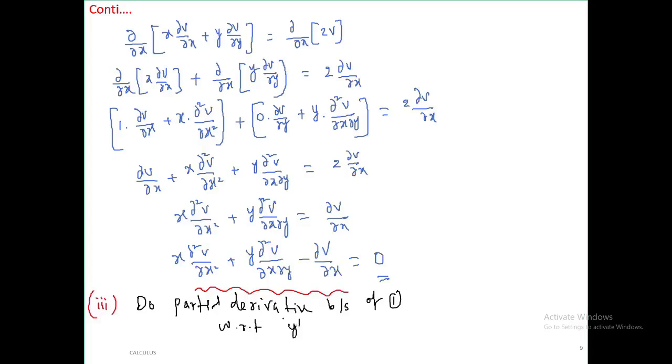Take this as an exercise, same as what I have just done for the second problem. Apply ∂/∂y to both sides of equation number 1, and you will get the required result.